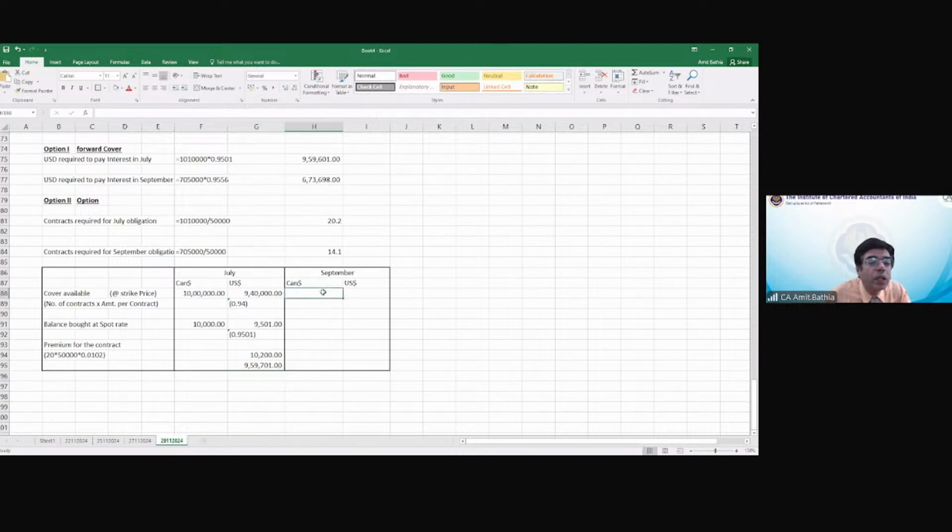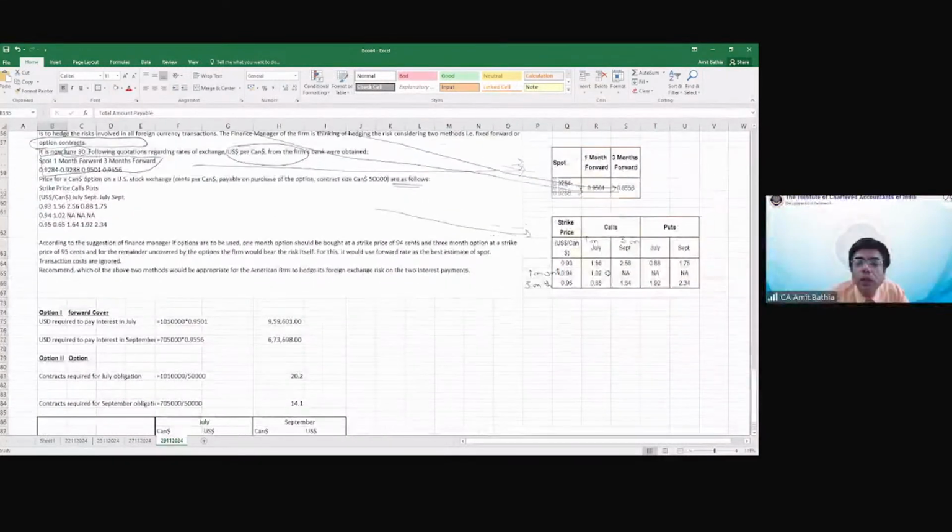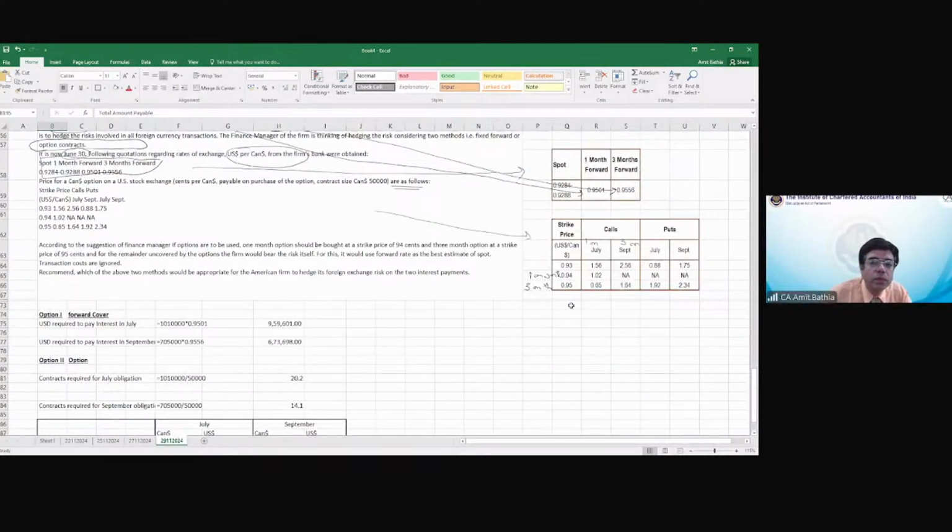Can you please try for the September part? Has everyone got the hang of this? So we'll need the quotations for the calculation, that table. So that information regarding quotes I would need for calculation. This one? Yes, sir.